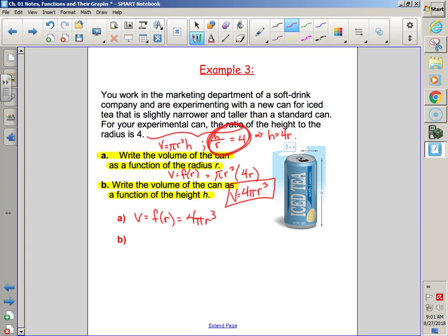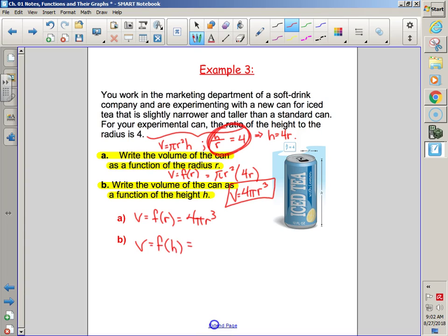They wanted you to take this guy who has radius and height, and of course a pi and a squared, and use that clue, use this ratio, to substitute out the H in terms of R, and then be like, oh yay, function of R. Volume is only dependent on the radius variable. But now all of a sudden they're like, no, no, no. They're being a little bit fickle.